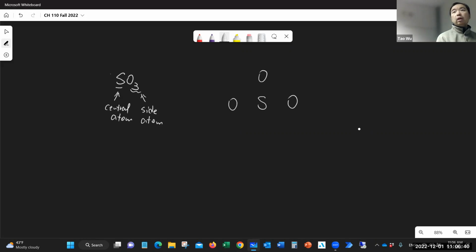And then you need to count how many valence electrons for those atoms. SO3 has how many? This is valence electrons, not how many electrons. So oxygen and sulfur are all in the group six, right? So sulfur has 6. Oxygen is 6 too, but we have 3 oxygens.